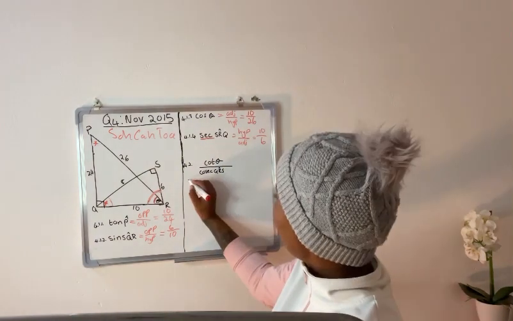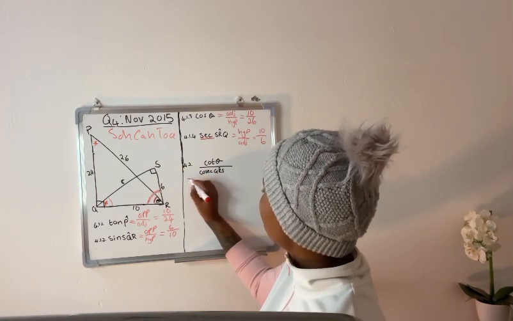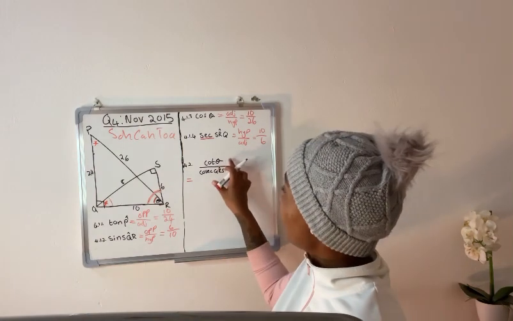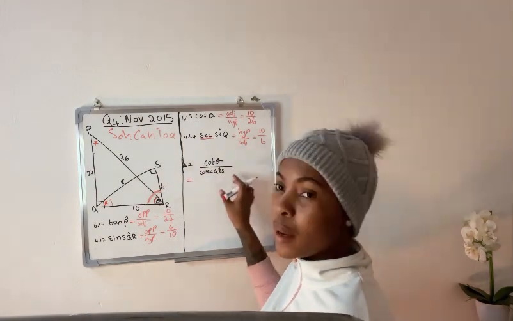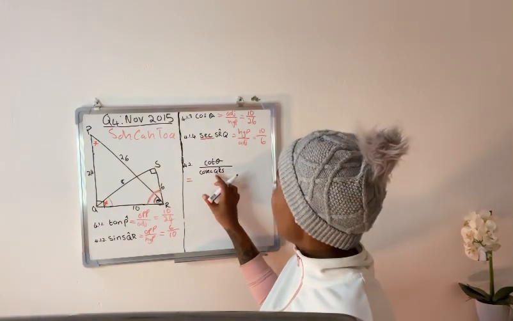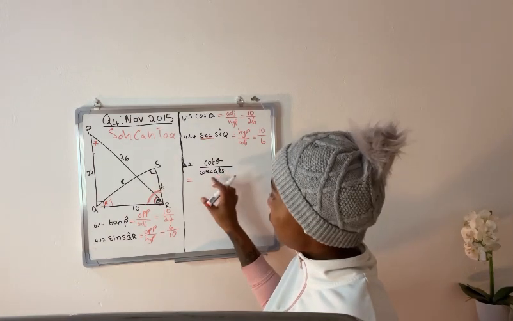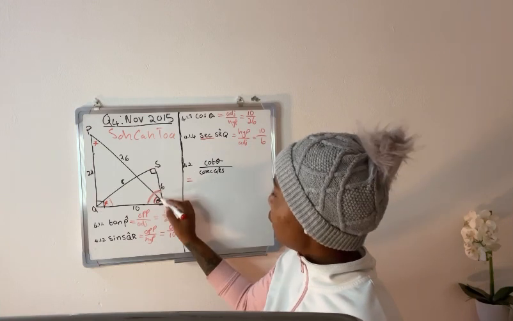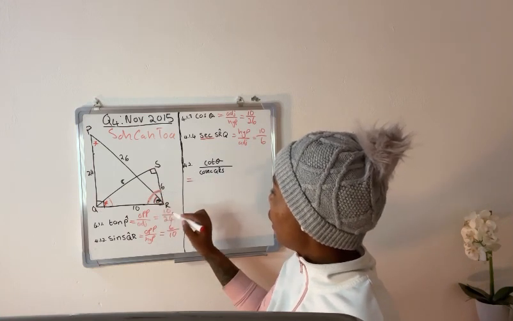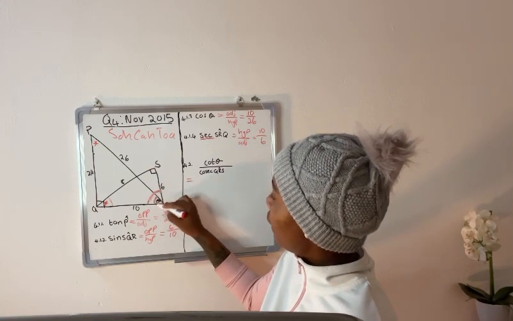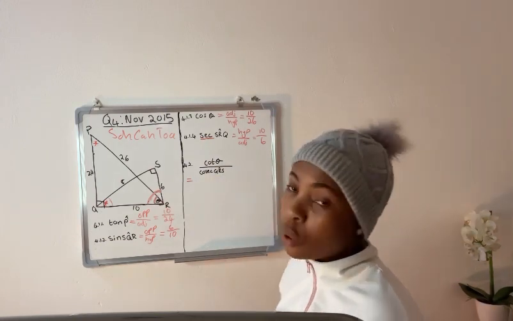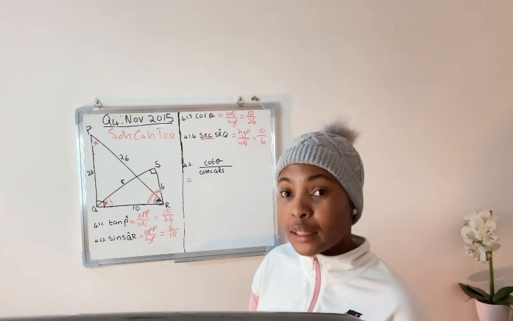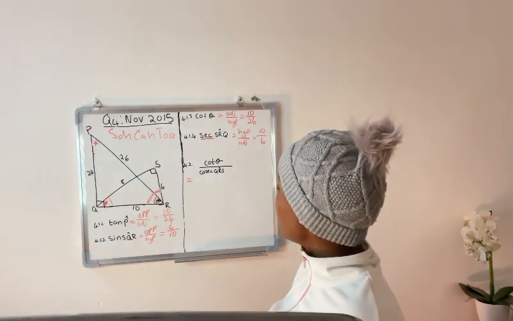Now moving right along to 4.2, determine the value of cot theta divided by cosec angle QRS. Angle QRS is still this angle, and cot theta is this angle. Now cot is the inverse ratio of tan.